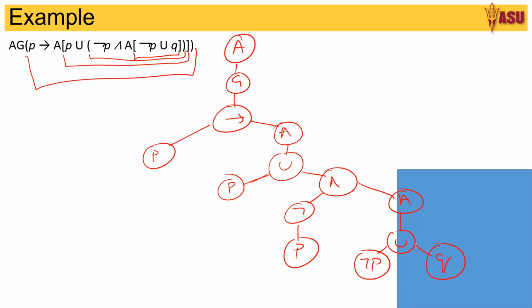Looking at the subformulas, we start with the leaf nodes. So these two are there. Then we have a not P. Then picking off from here, this is what is already known to most of you.